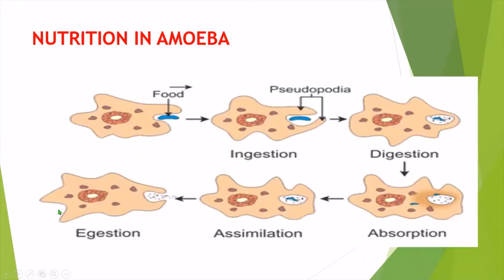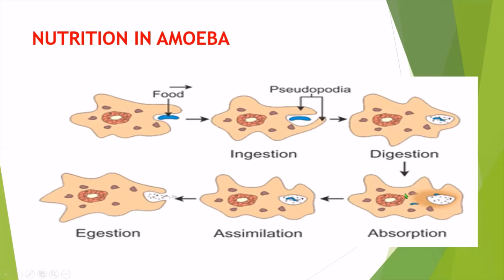So if you see this first picture here, this is an amoeba with its prey, or you can say the food. This is the food, this is the amoeba. And here the amoeba has engulfed its food and surrounded it. This is the ingestion in amoeba. Here in digestion, the amoeba is digesting the food, anyhow because it can't escape, because this amoeba has surrounded the food.